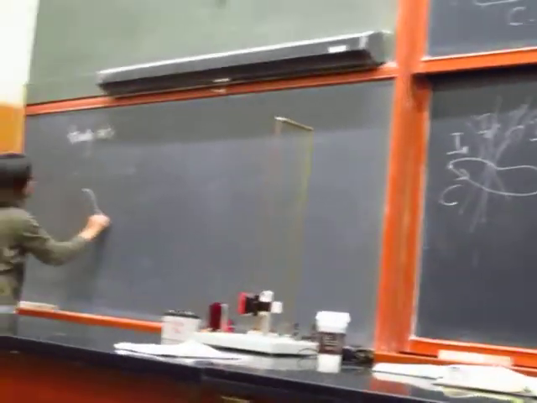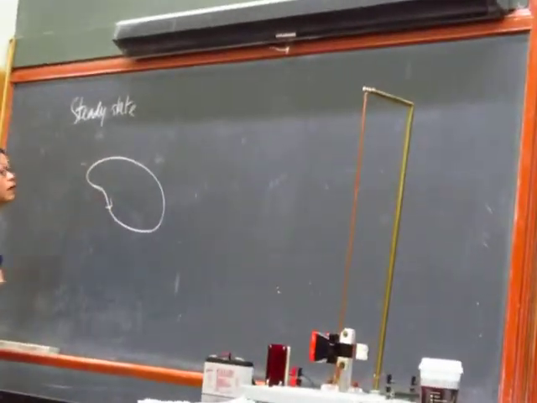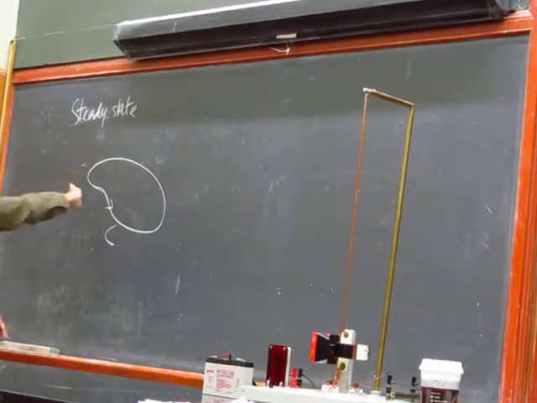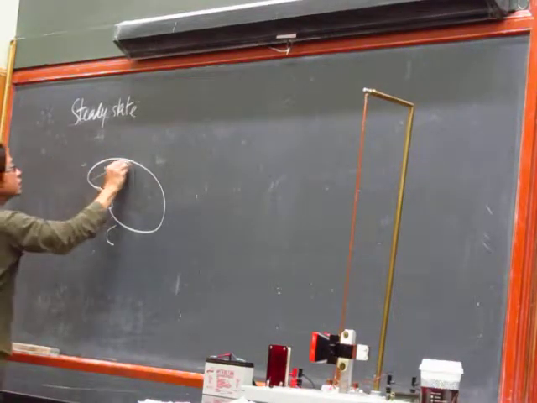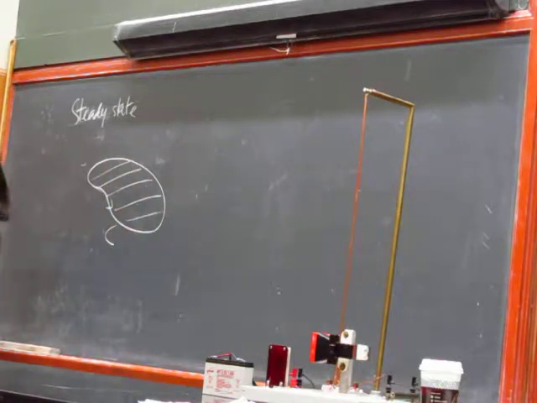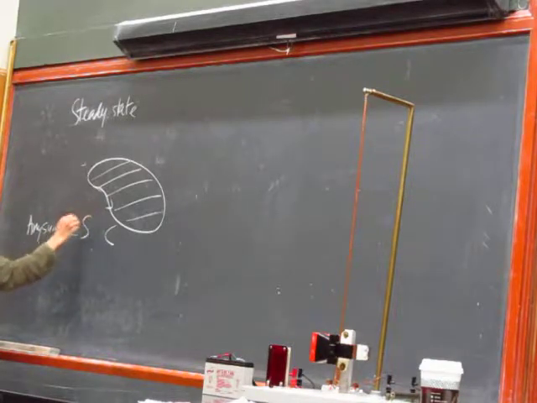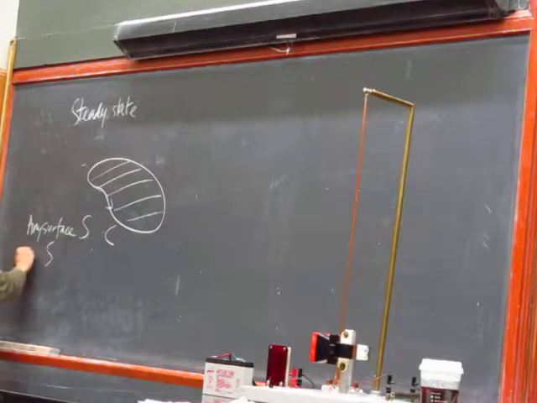Let's draw the same loop C again. You can use a flat surface, or you can use any surface you want, as long as it's bounded by C. Any surface, S or S prime.